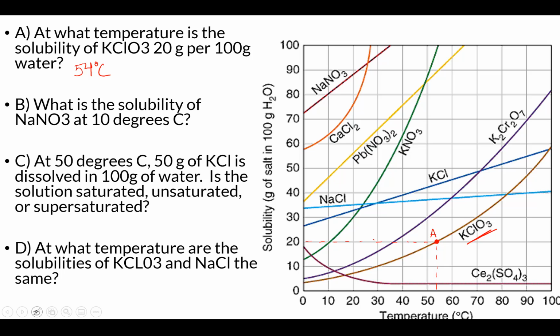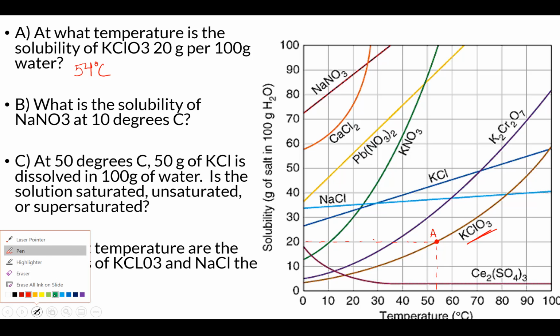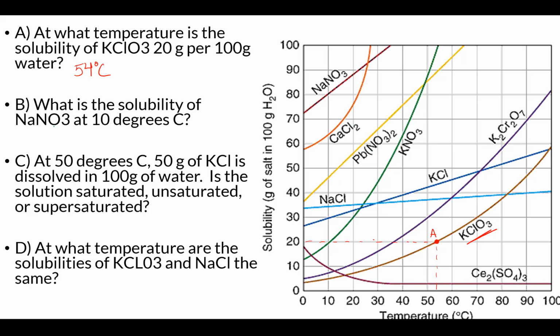B, what is the solubility of sodium nitrate at 10 degrees Celsius? So let's find sodium nitrate. Here it is. Here I'm doing green. So at 10 degrees Celsius, what we're going to do is go to 10 degrees and then find our intersection with that curve.